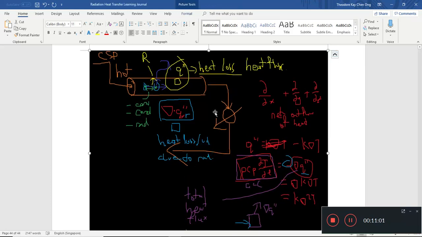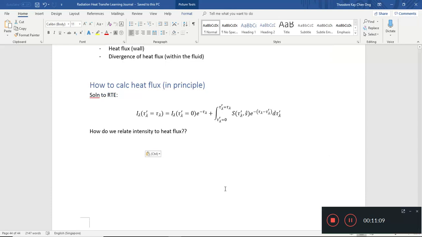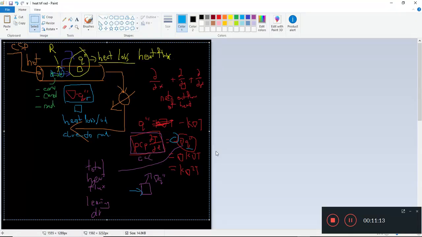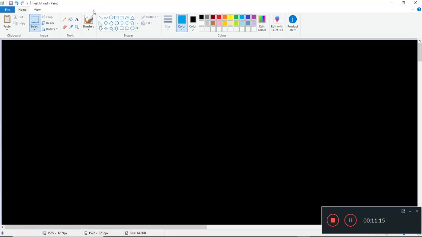Okay, so there's a diagram there. There are two things we're interested in: the heat flux and of course the divergence of heat flux. All right, how do you relate intensity to heat flux? That is the question here. That's what we want to tackle.